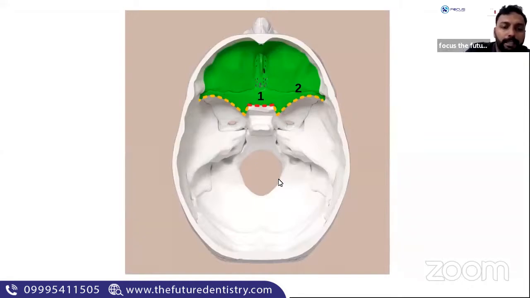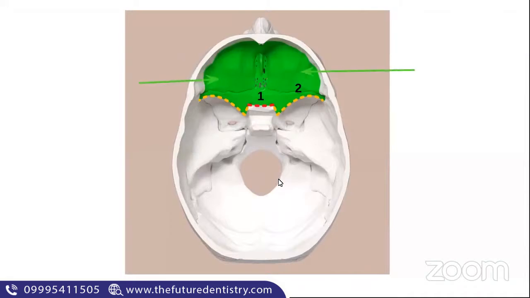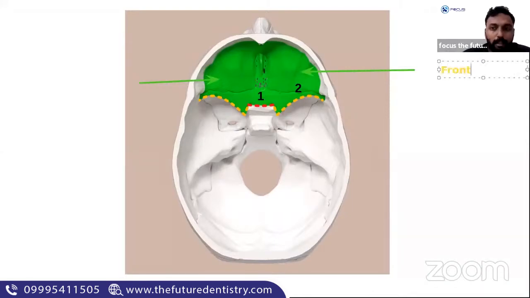So what is special in the anterior cranial fossa? This green colored one, which I have marked now, is the frontal bone. So you have the frontal bone there.